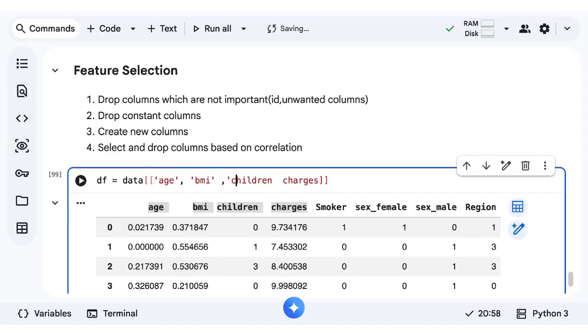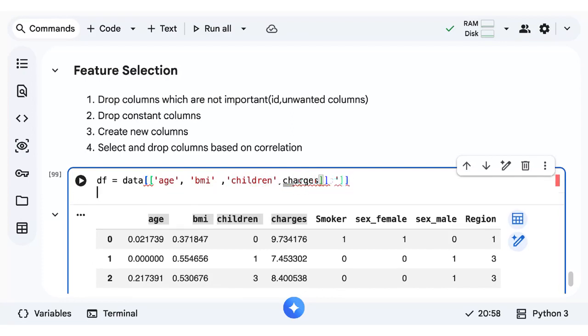So I'm fetching the data, fetching these many columns. These are all continuous. Now, first step, I'll find a correlation.